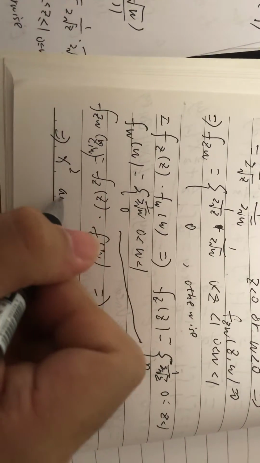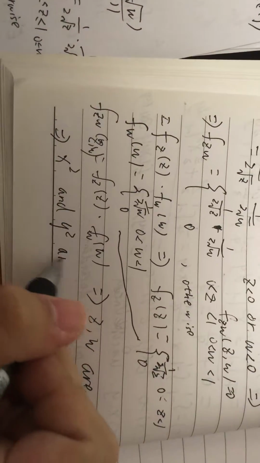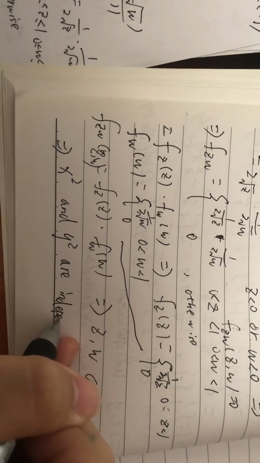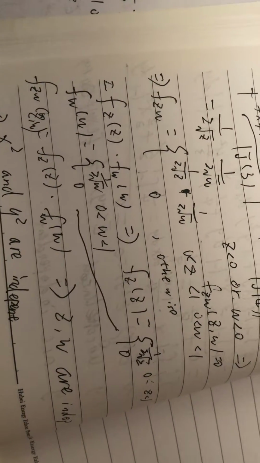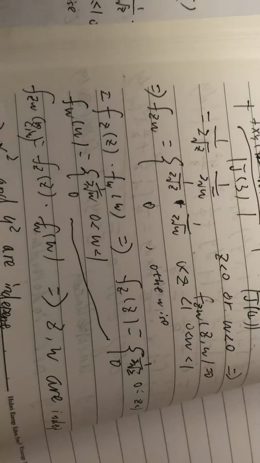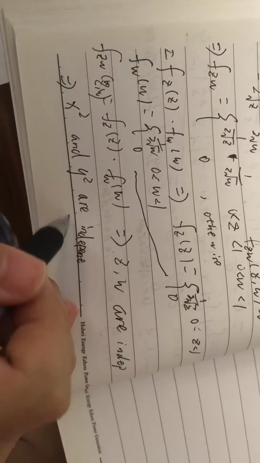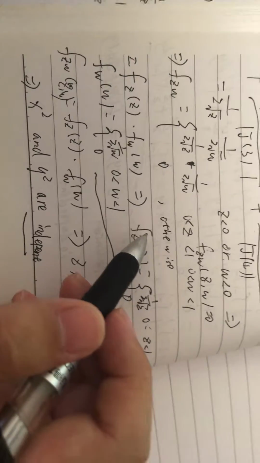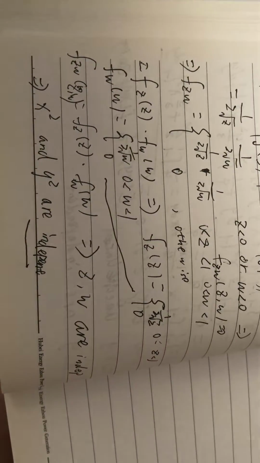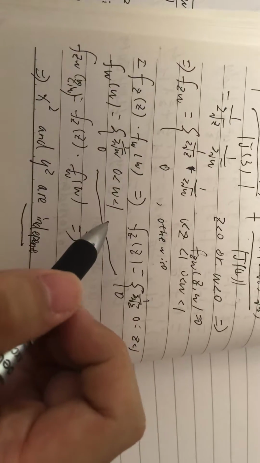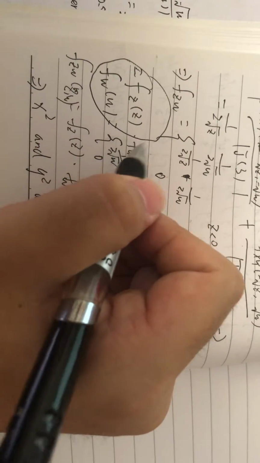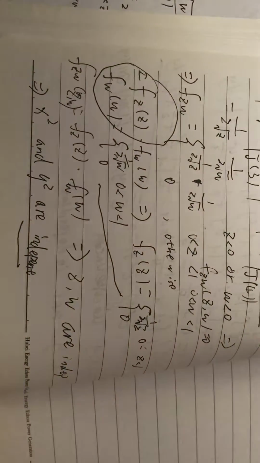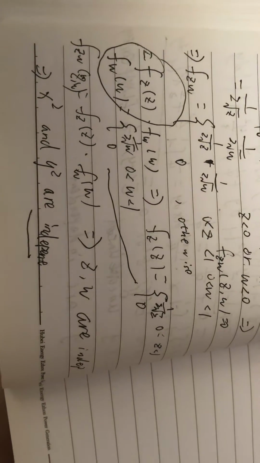So x squared and y squared are independent. The last question is to prove or disprove that x squared and y squared are independent, and this one is the answer. And for the fourth question, we got the joint density function of x squared and y squared, because z equal to x squared, w equal to y squared. That's it. Thanks.